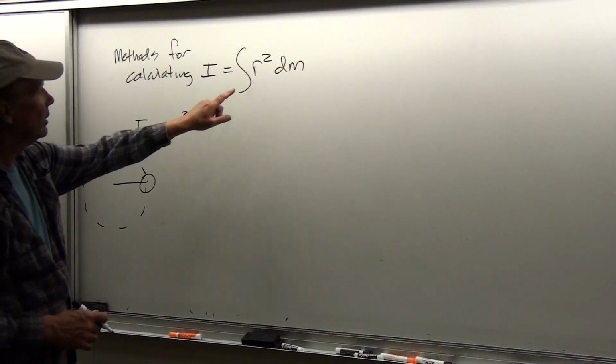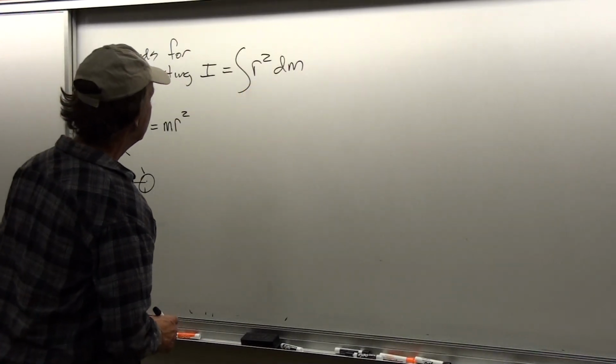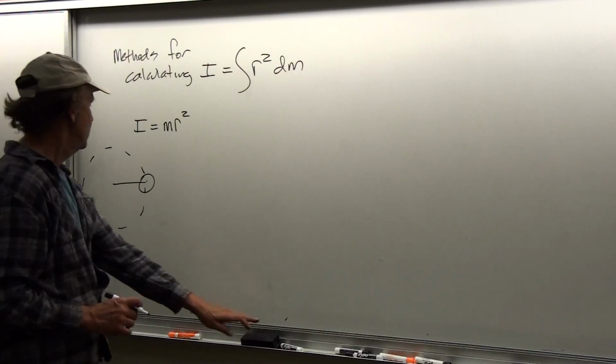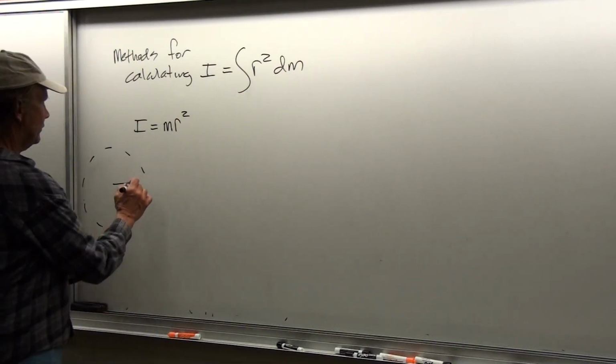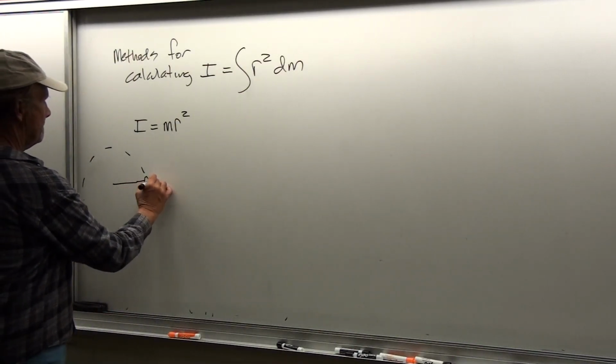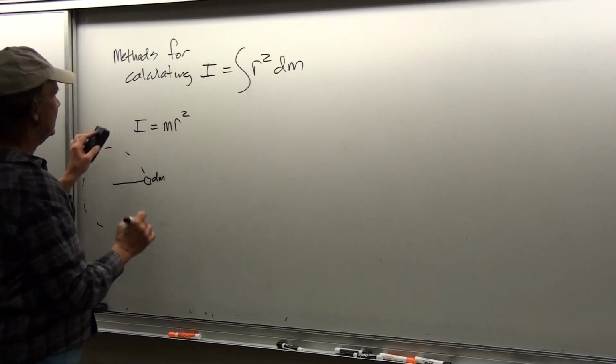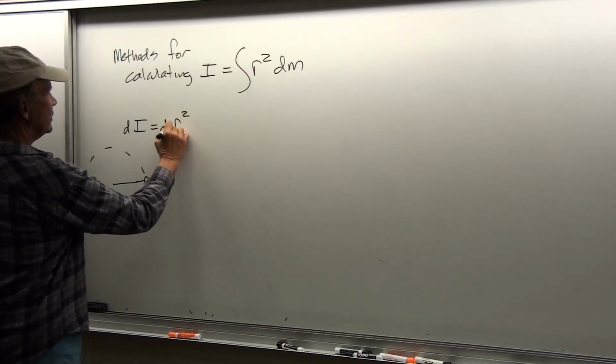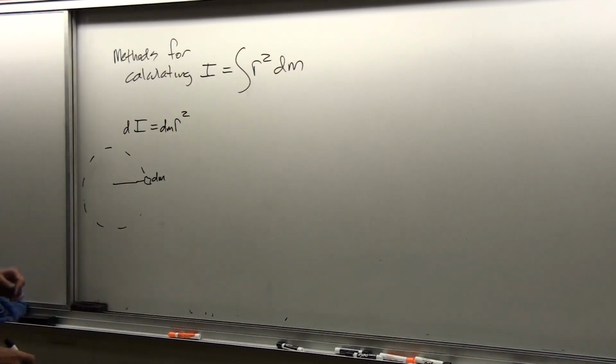But in general, we can think of some little bit of mass, dm, that's going round and round in a circle. Then dI, that little bit of moment of inertia for some vanishingly small amount of mass, is going to be our dm mass element.